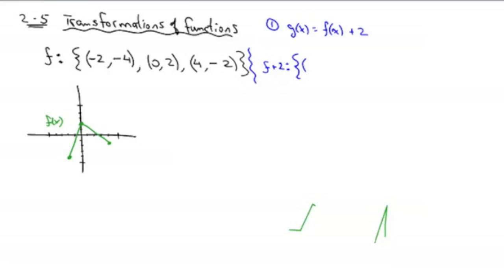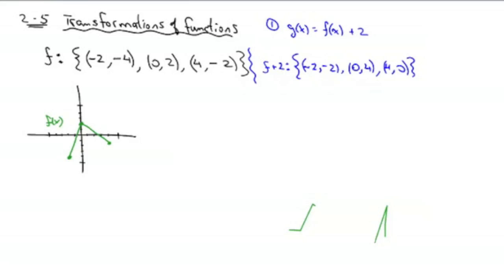So the domains are exactly the same, -2, and instead of -4, what am I going to do to it? Add 2 to it, so it becomes -2. And instead of 0, 2, it's going to become 0, 4. And instead of 4, -2, it's going to become 4, 0. And this becomes my new function.